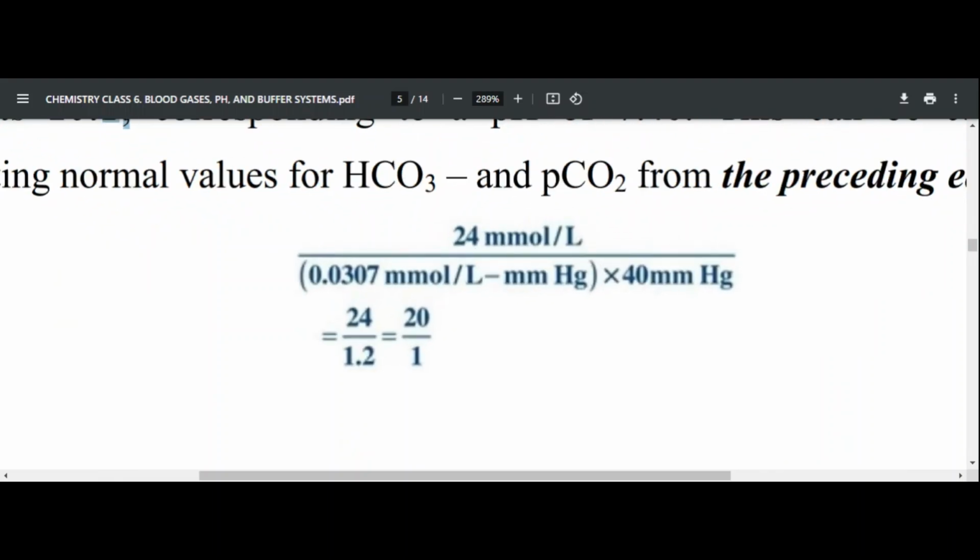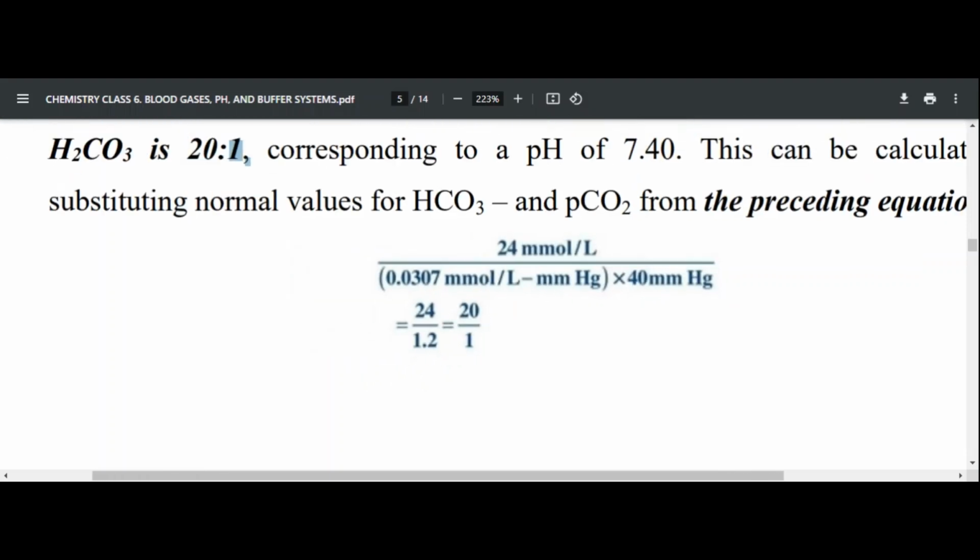This is the concentration of bicarbonate ion in millimole per liter. Then we say that 40 millimeters of mercury is the partial pressure of CO2, times 0.037, and then we get 24 over 1.2, which gives us 20:1. So this is where our ratio is coming from. The ratio always comes from the Henderson-Hasselbalch equation.